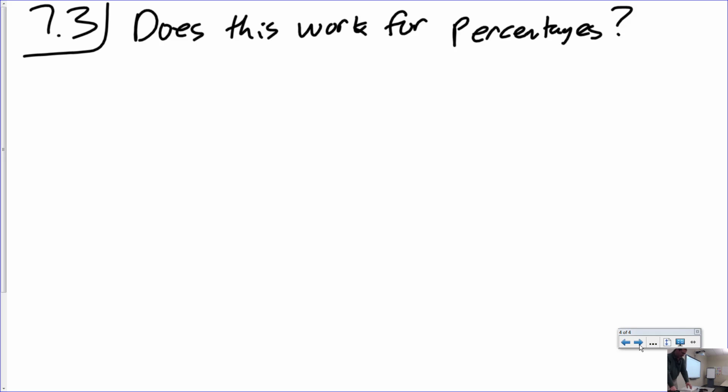Does this same concept work for percentages? Let's suppose we know that at Blackhawk Tech, 10% of all students come to class with a hat on. Sounds like a reasonable percentage, right? Can we do the same sort of thing?